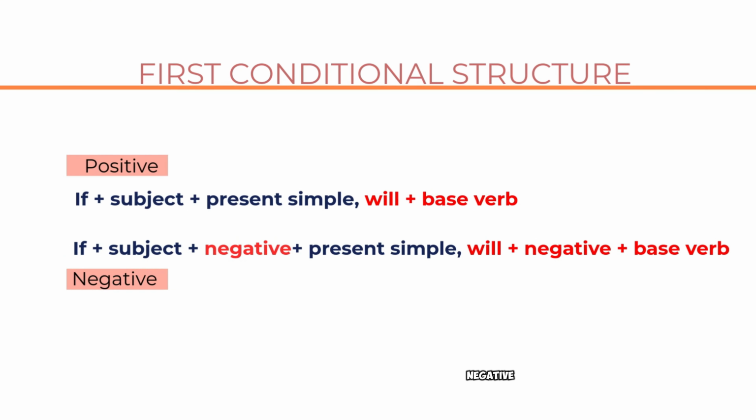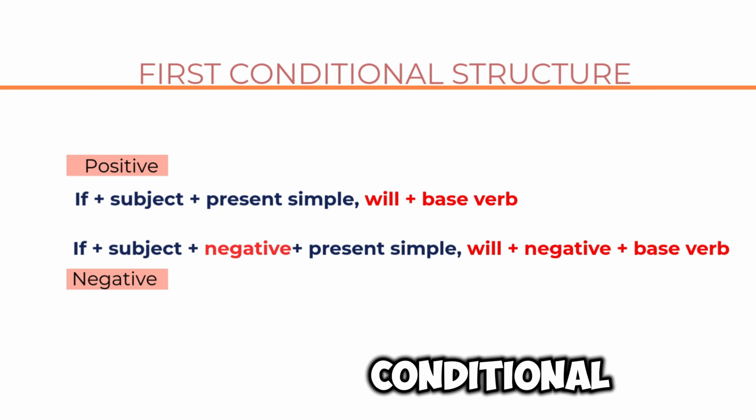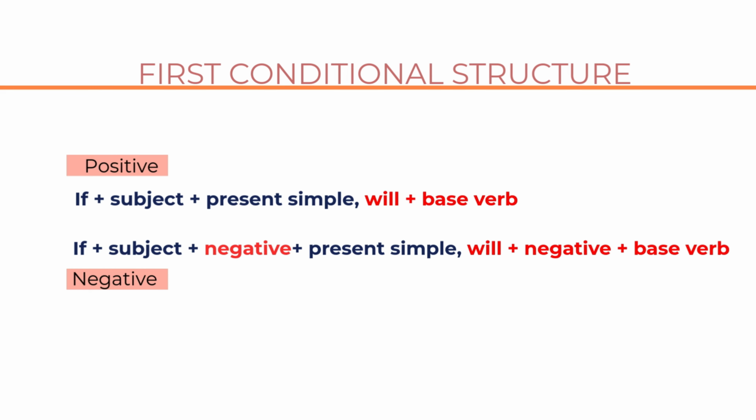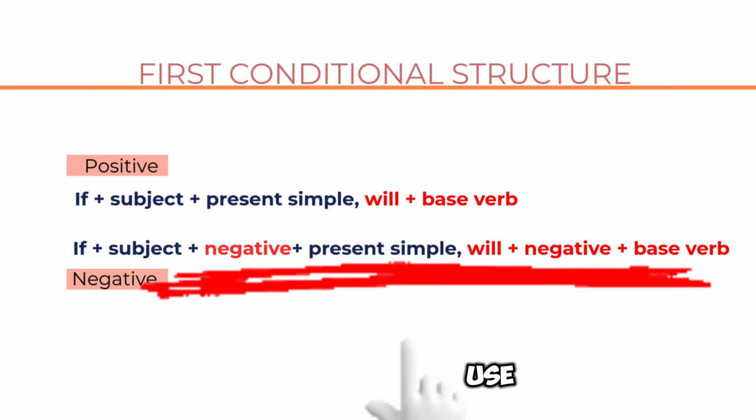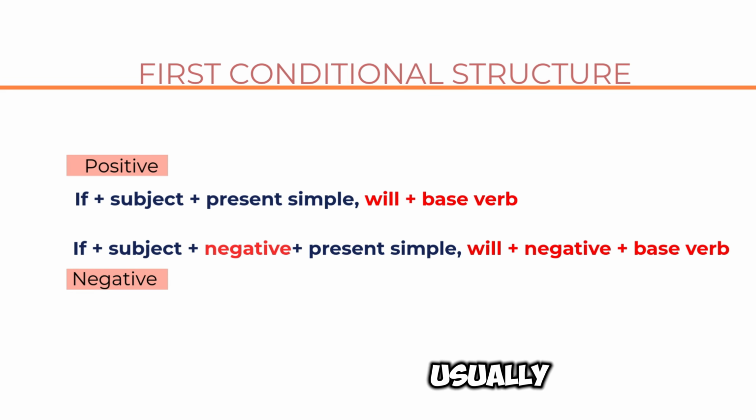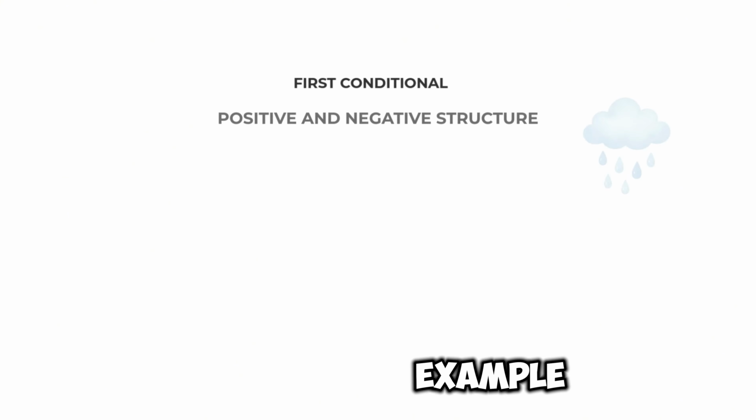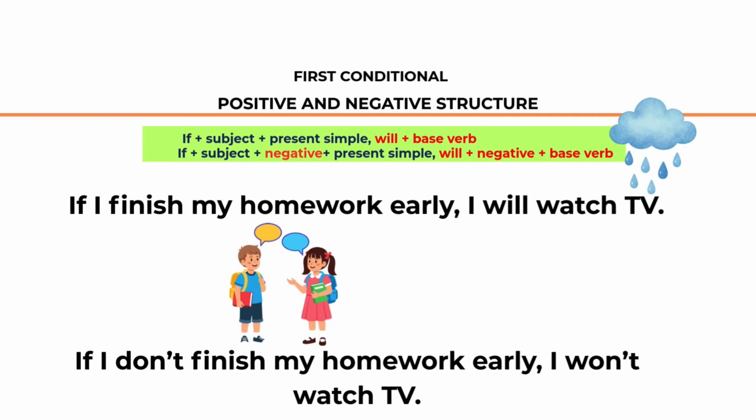What about forming negative sentences in the first conditional structure? Let's look at some examples. This is the form to use to form the negative sentence. The negative words like don't or won't usually come before the verb. Example: if I don't finish my homework early, I won't watch TV.